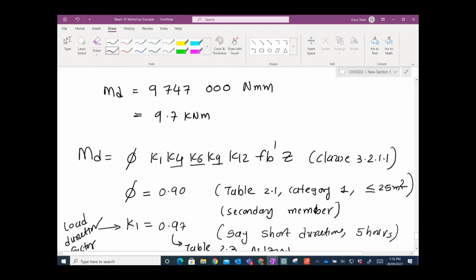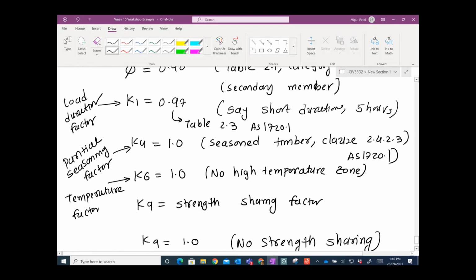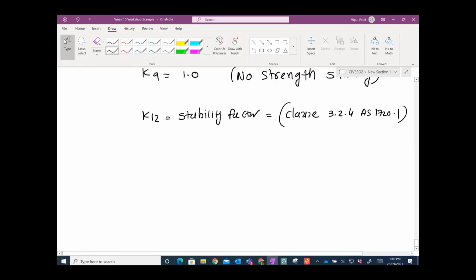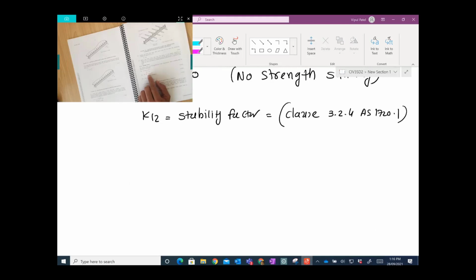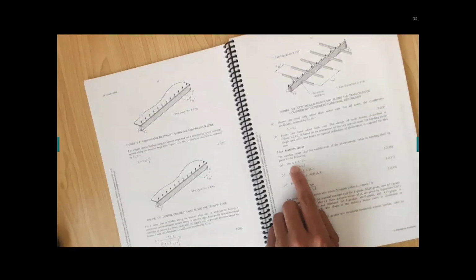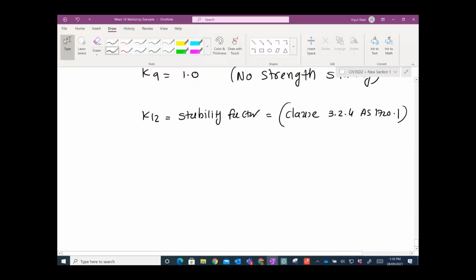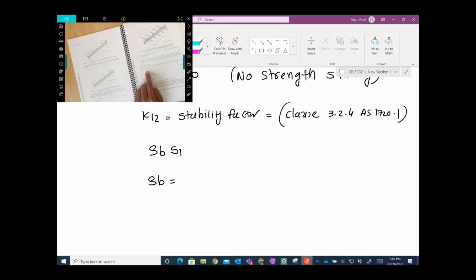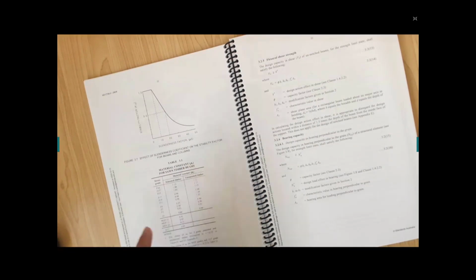Now let's calculate K12. For K12, you have these two factors that you need to get: rho B and S1. What is rho B called? Rho B is called the material constant, and we have F14, I believe.